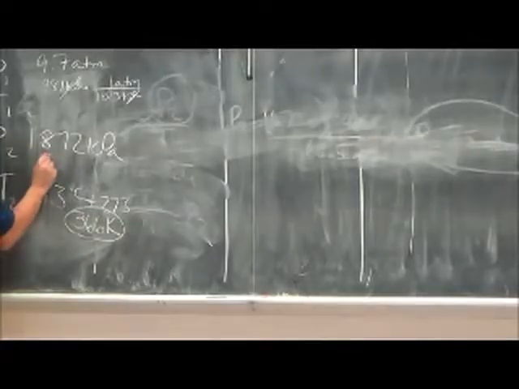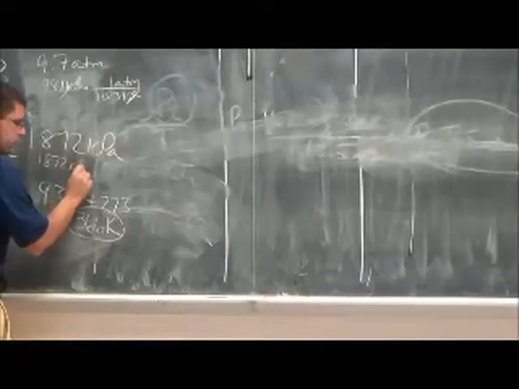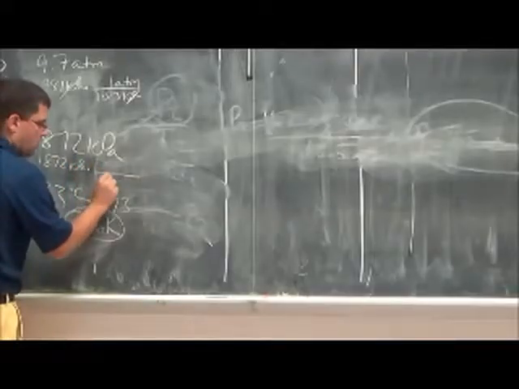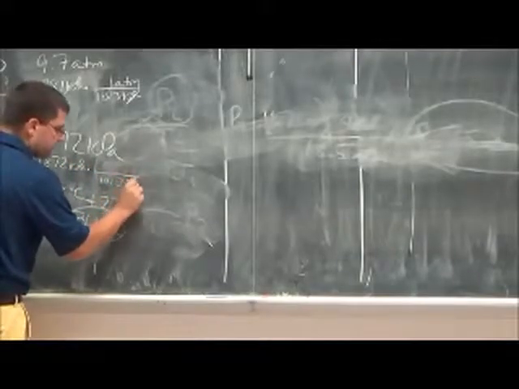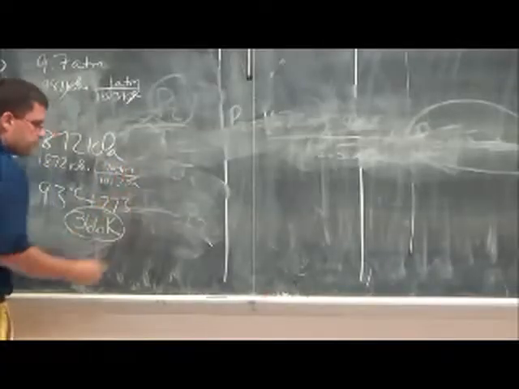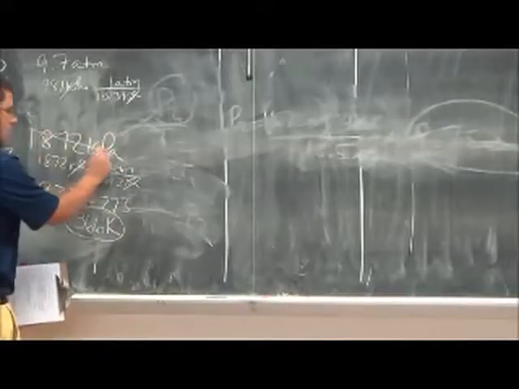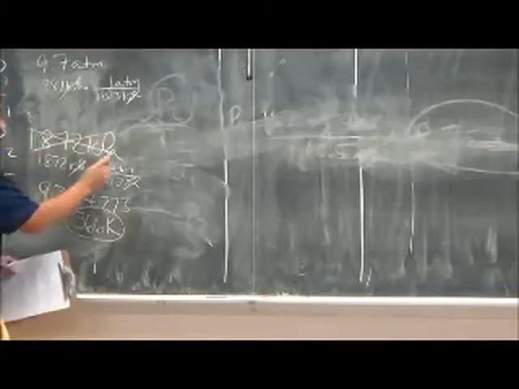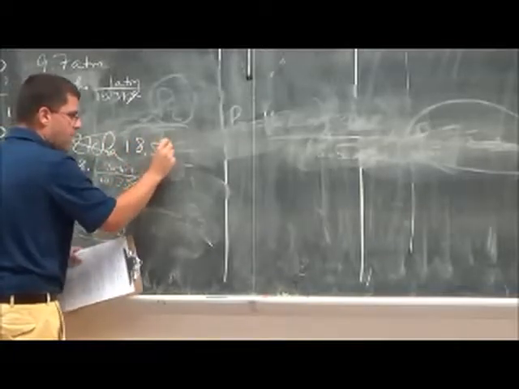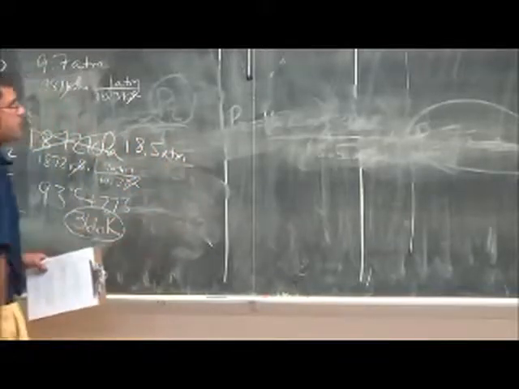We still have one more conversion to go. 1872 kilopascals, 101.3 kilopascals for 1 atmosphere. Okay? We got to cancel. Cancel, cancel. Boom, boom. What do we have here? We now have 18.5 atmospheres.